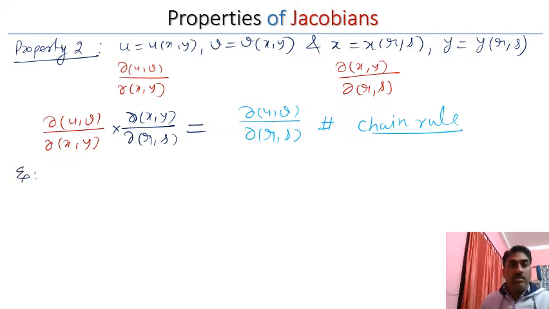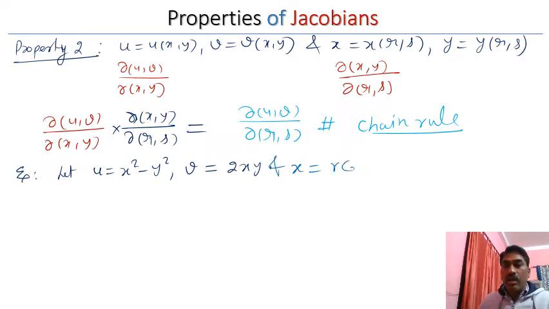Example, let u is equal to x square minus y square and v is equal to 2xy. Again, x is equal to r cos theta, y is equal to r sin theta.